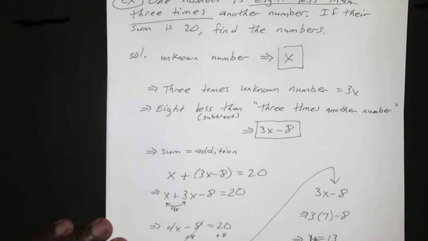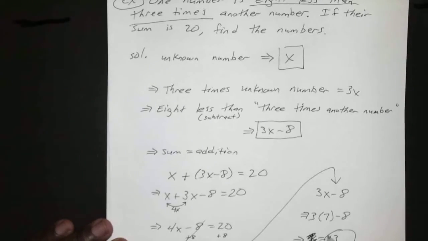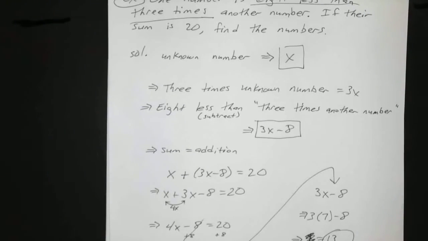Not x equals 13, just 13. Okay, so we have our numbers 7 and 13, which works out pretty good. Anyone get something different?